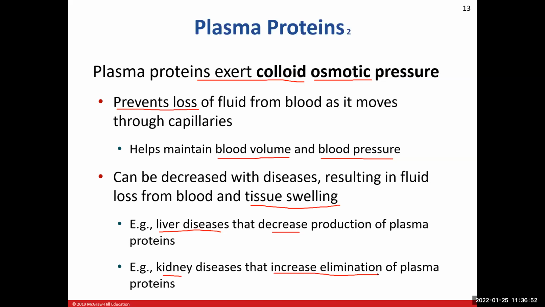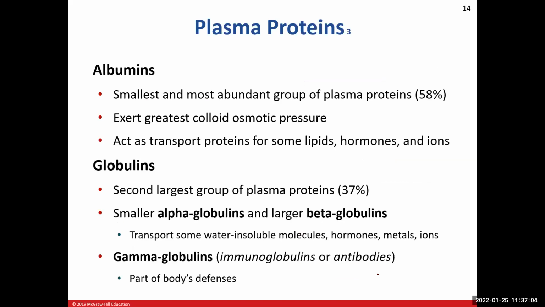But if we start to damage that filtering apparatus, then larger proteins will slip through and get eliminated in your urine. If those plasma proteins are getting eliminated in the urine, we have nothing to pull back on the fluid in your blood, and you'll start to leak it out of the capillaries into the tissues.